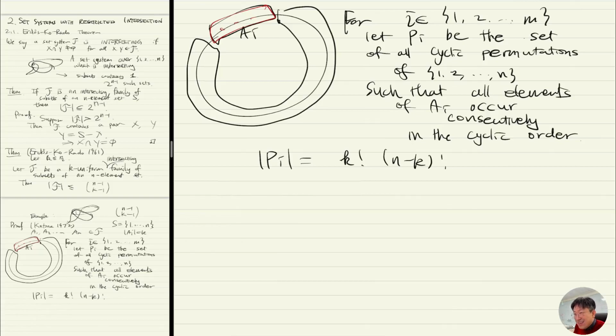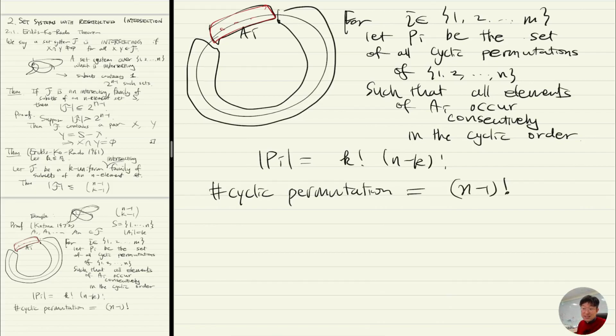The number of all cyclic permutations is, probably you remember this, n minus 1 factorial, because I fix one number in one place, and then for the remaining n minus 1 numbers, I take any permutation and put them, right? So that's n minus 1 factorial.